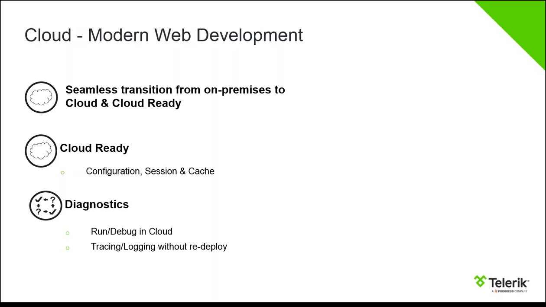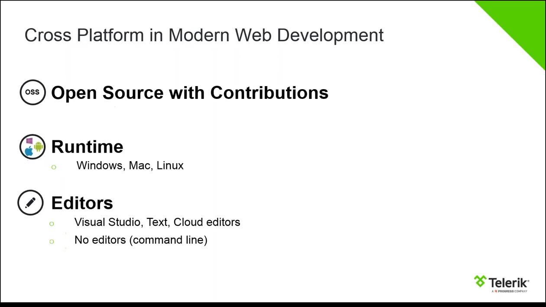With the previous versions, when you wanted to add a trace, you had to redeploy. When you wanted to add logging, you had to redeploy. Now it's going to be a slightly different way of doing the tracing and logging on the cloud, and even in on-premise.